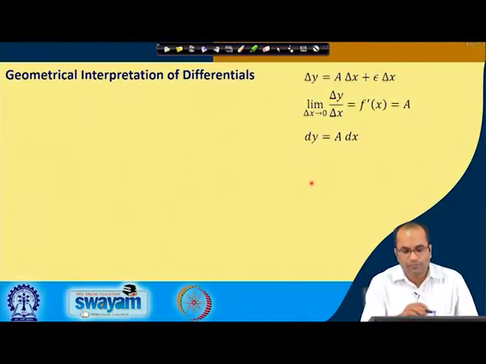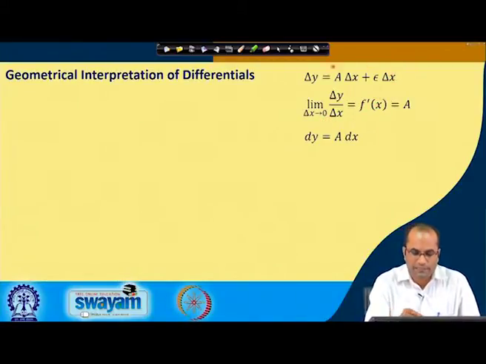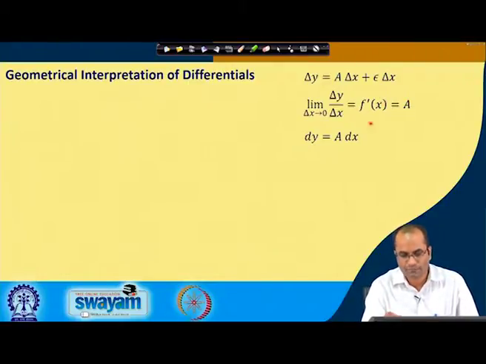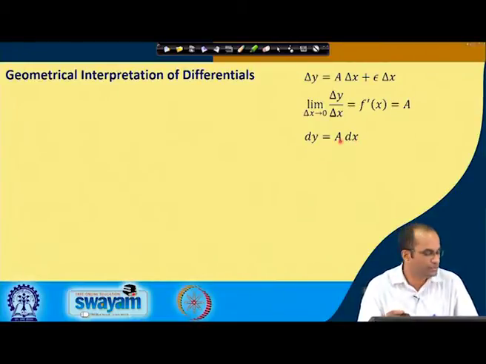We have already introduced that when the function is differentiable, delta y can be written as A times delta x plus epsilon times delta x, and when we take the limit, we got that A is nothing but f prime(x). We also introduced that the differential dy is A times dx, where A is f prime, so f prime dx.